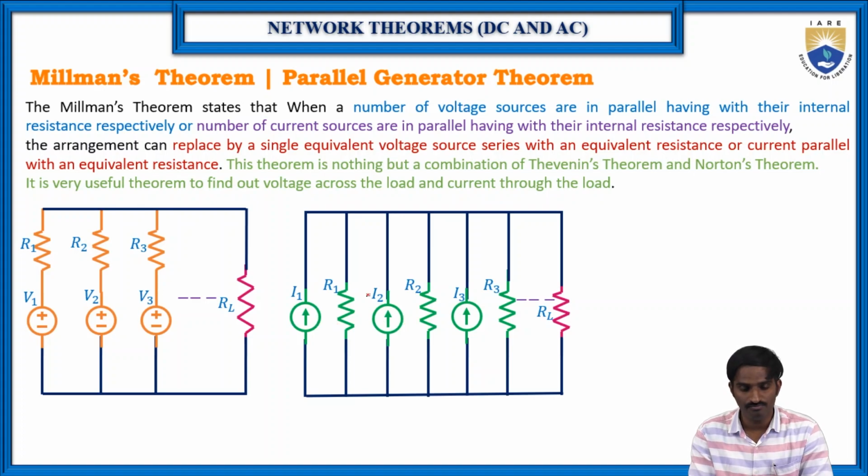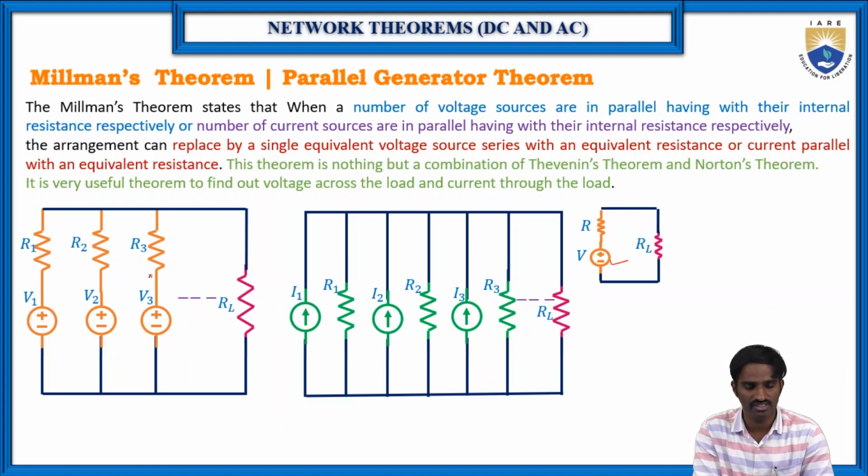then these circuits can be replaced by a single equivalent voltage source in series with the equivalent resistance, which means like this. The voltage sources V1, V2, V3 and so on are replaced with a single voltage source, let us consider V, in series with the equivalent resistance R, which is in series with the load resistance RL.